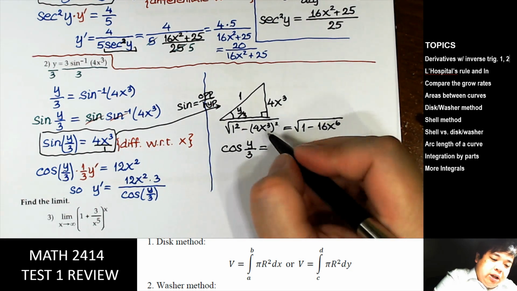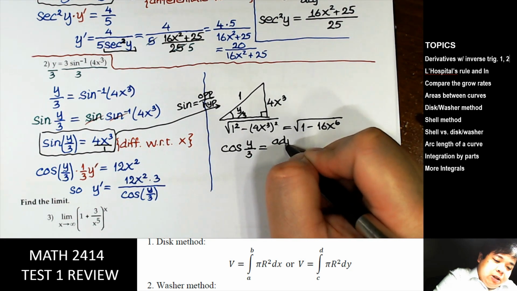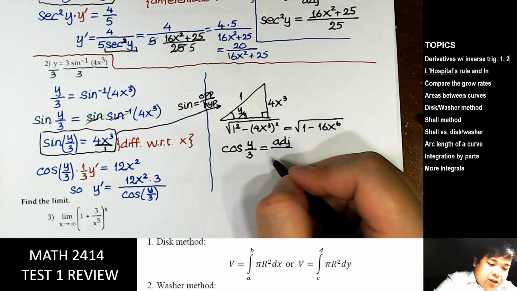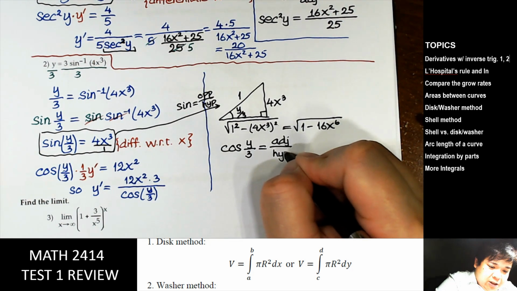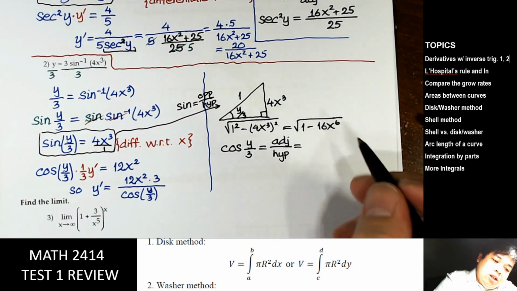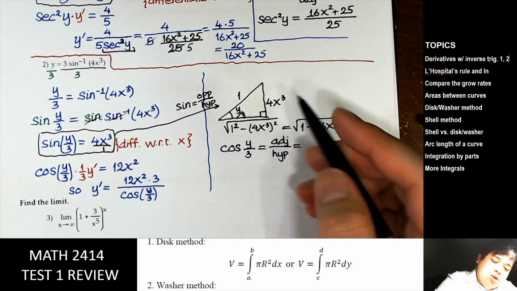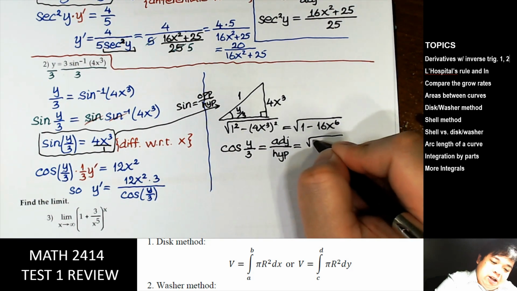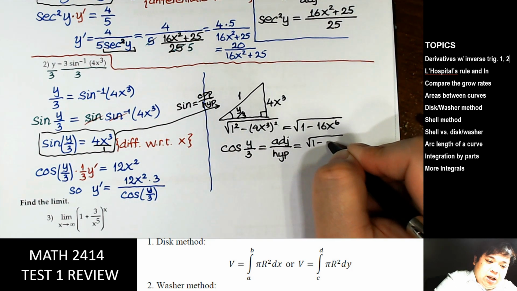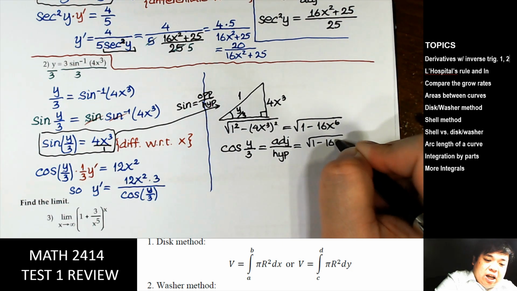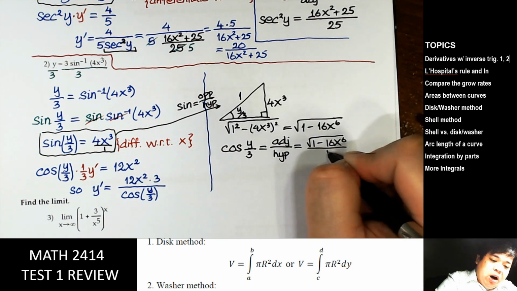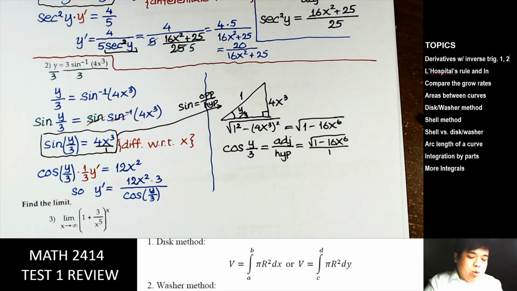Cosine is going to be adjacent over hypotenuse. The hypotenuse is 1, so pretty much we just have the square root of 1 minus 16x to the 6th power over 1, or just the square root.